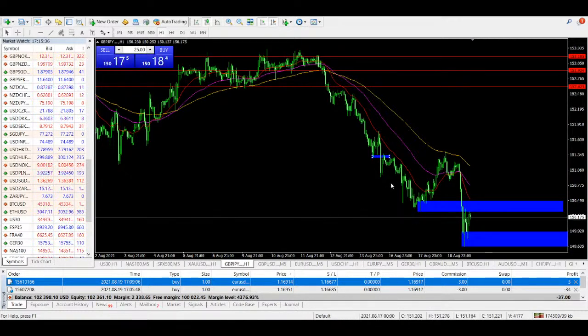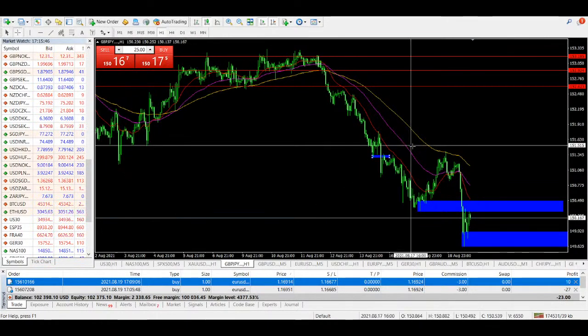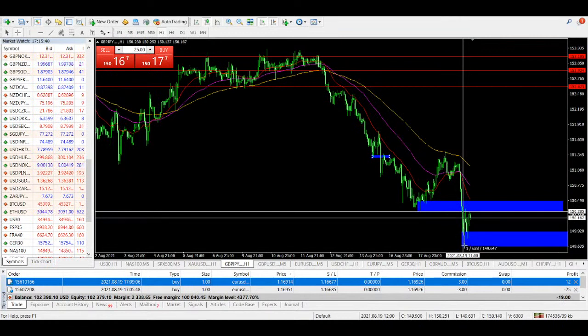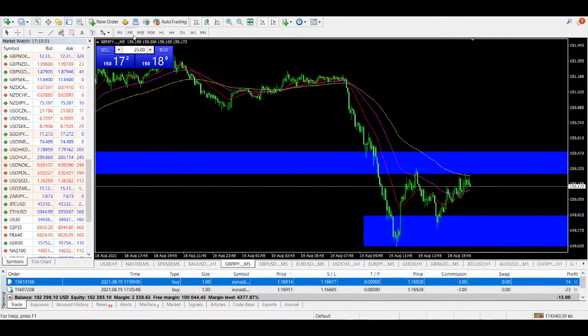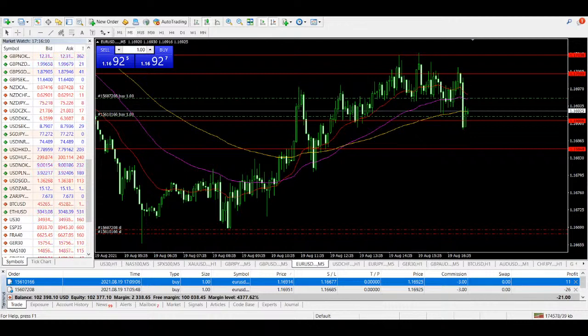So GBPJPY is kind of stuck in a range of some sort. It actually looks pretty wide. It's 60 pips. It's tested that zone once, kind of twice. It could take another dive down into this zone. If anyone's short GBPJPY, let us know in the chat.